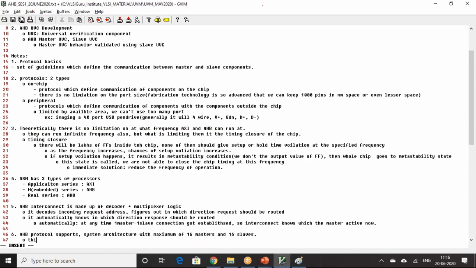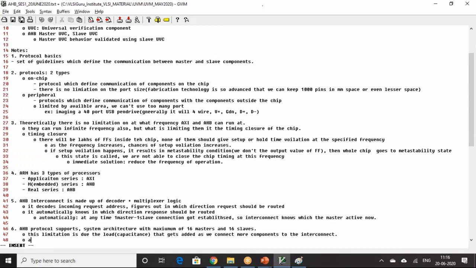This limitation is due to the load factor, the capacitance that gets added as we connect more components to the interconnect. As you keep connecting, at one point the signal integrity gets impacted, because the load increases and the signal behavior gets disturbed. For that reason, they limit it to 16 masters and 16 slaves.